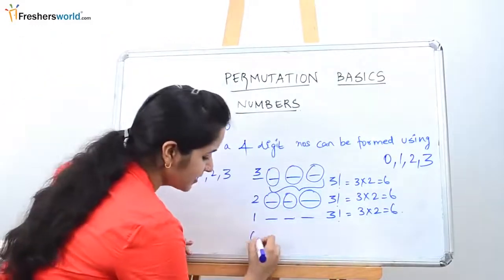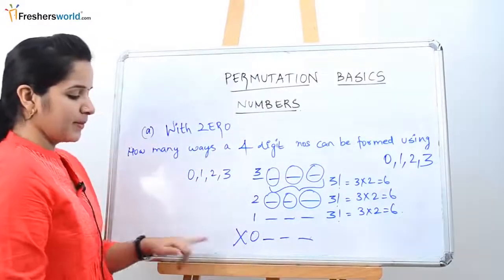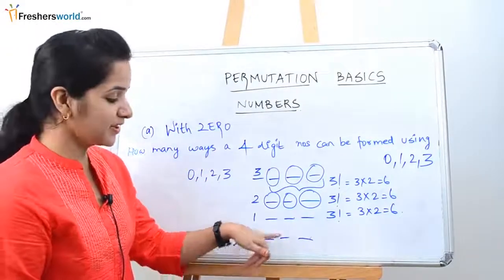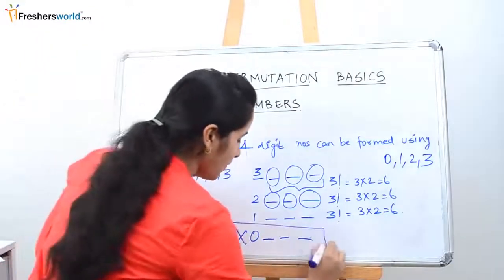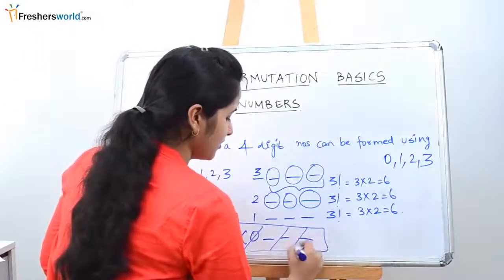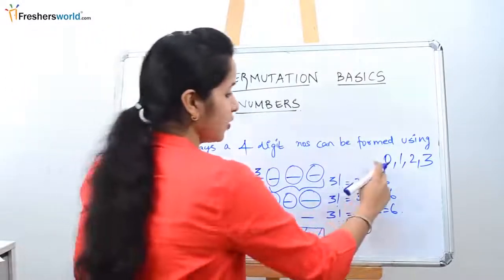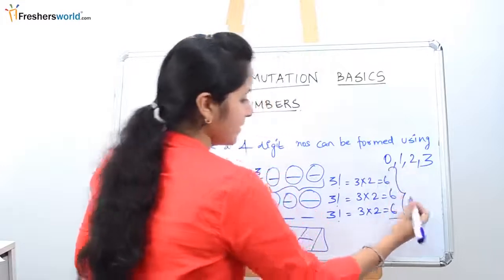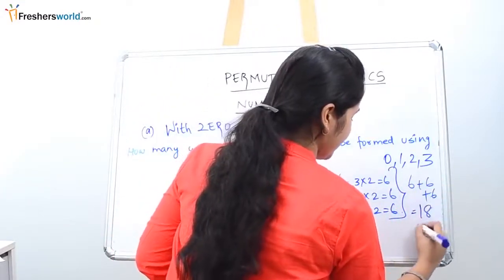If we consider 0 in the first place and fill other numbers after it, then you are totally wrong, because if you put 0 here, it becomes a 3-digit number and not a 4-digit number. So this whole possibility is not possible. Then the number of ways a 4-digit number can be formed using 0, 1, 2, 3 is 6 plus 6 plus 6, which is 18 ways.